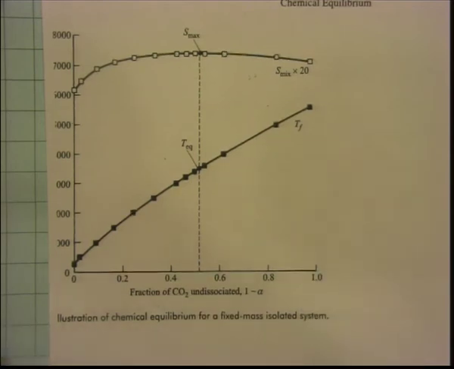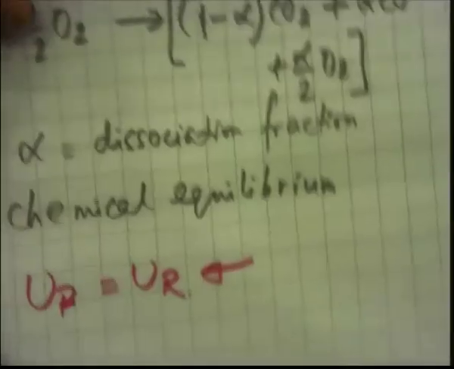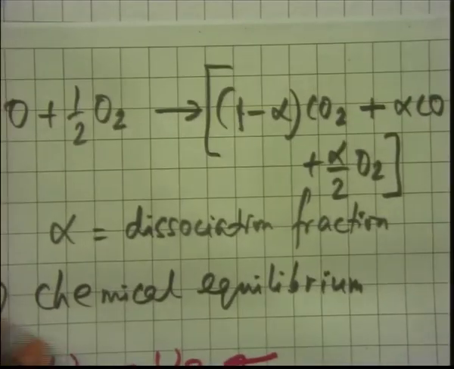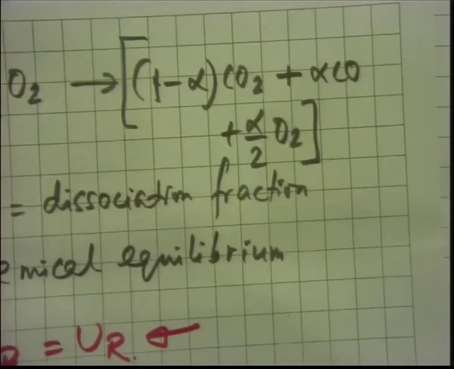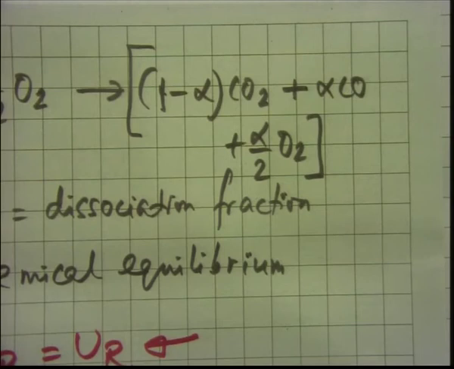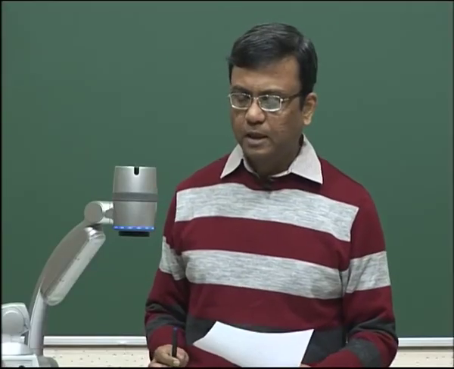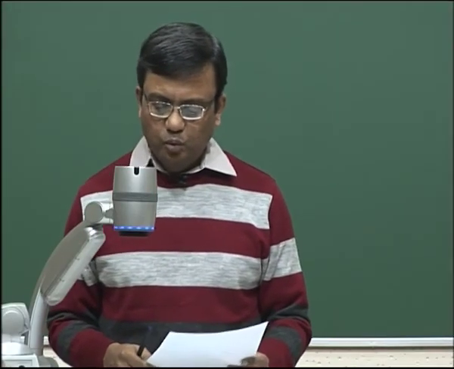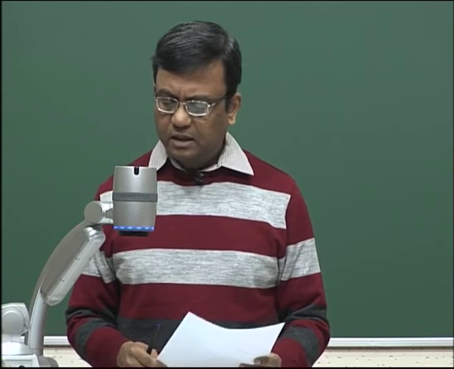If you remember your equation from some time back, just showing you the right hand side. So, this is (1 minus alpha) CO2 plus alpha CO plus alpha by 2 O2. That means, if alpha is equal to 1, then there is no CO2.